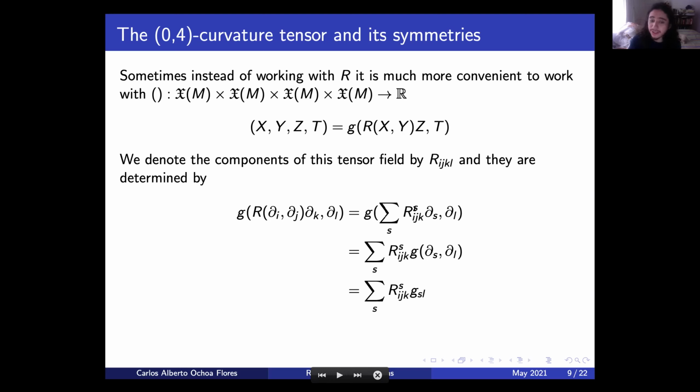Then we use the bilinearity of the metric, and these are simply the definition, the components of the metric. And then we obtain this sum, where we can express these things in terms of the Christoffel symbols. But it does not tell us much more to substitute the other formula here, so I prefer to leave it like this.